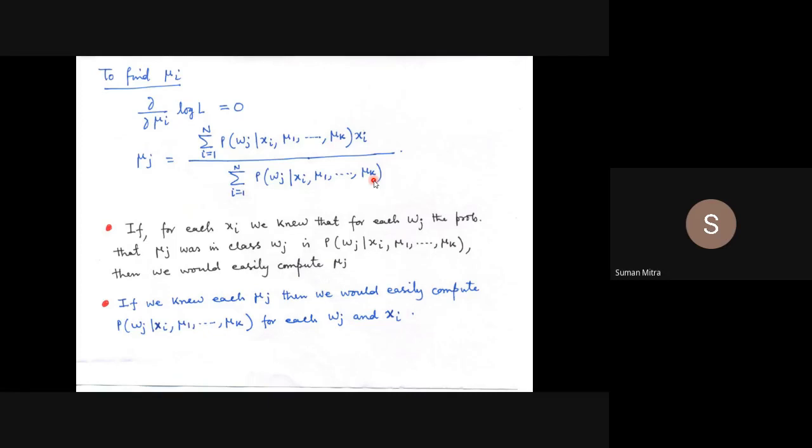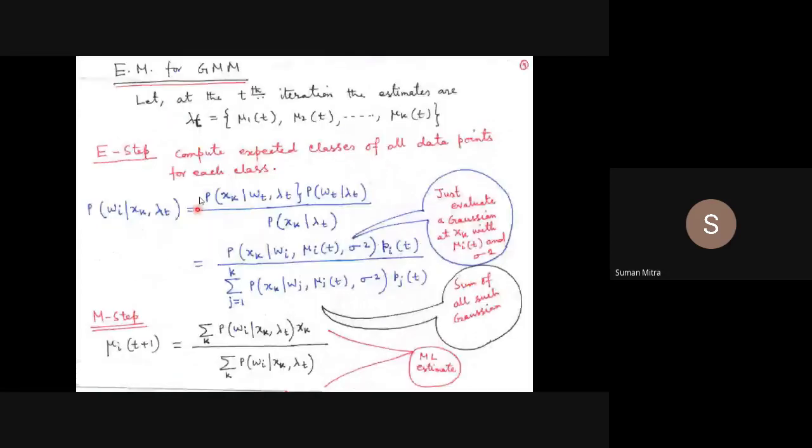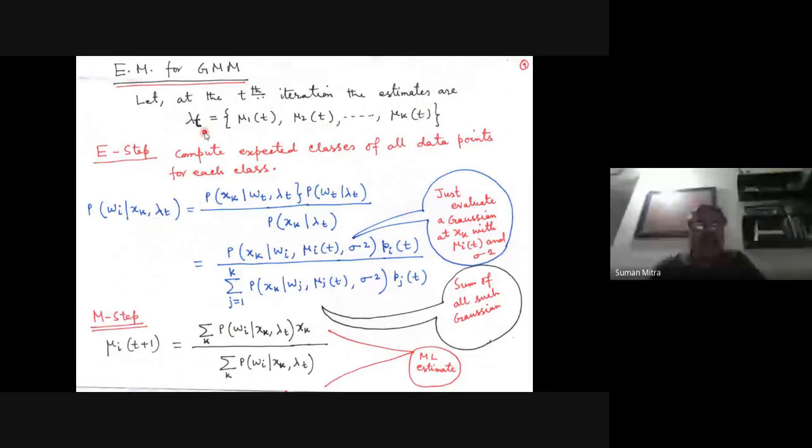And similarly, when we take that all are unknown, yet at the t-th iteration, this mu1, mu2, mu k are all unknown, then we take an initial guess of mu1, mu2, mu k, and then use the expectation maximization step to find out that the next mu at t plus 1 would be a weighted average of the sample data, not the plain average or mean.